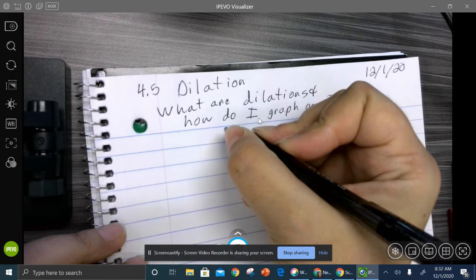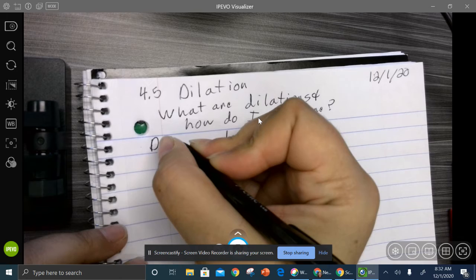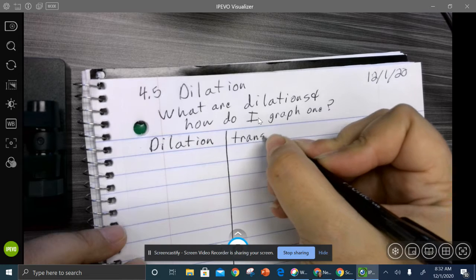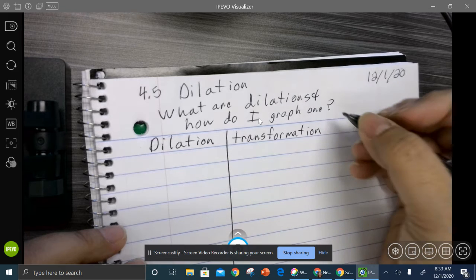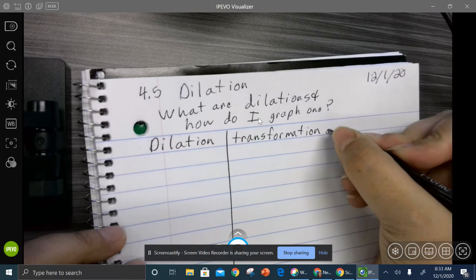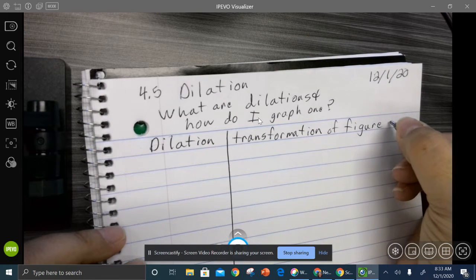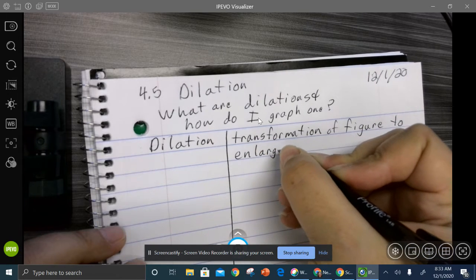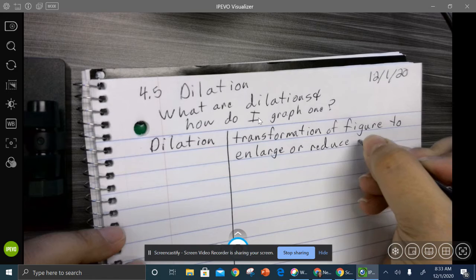So we have some vocabulary. Dilation: it's a transformation of a figure to enlarge or reduce it.